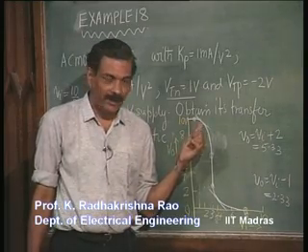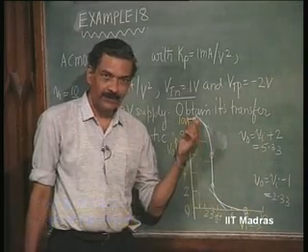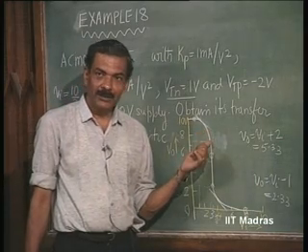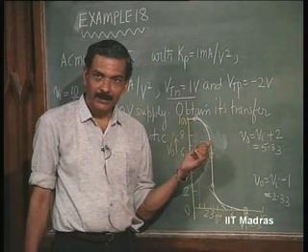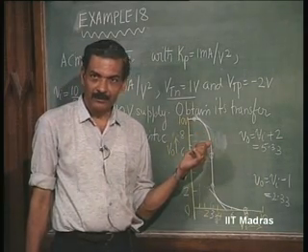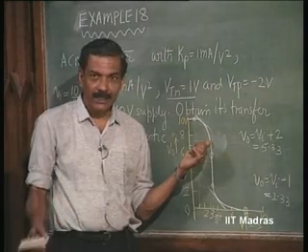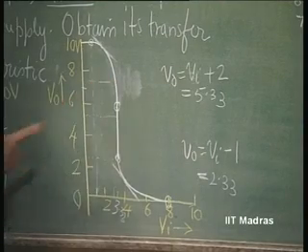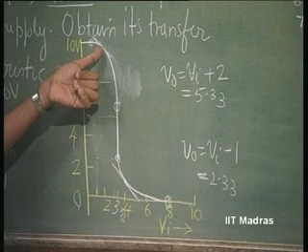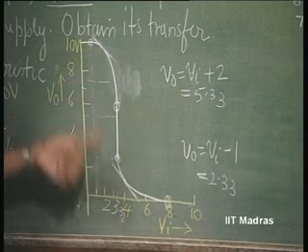This I am going to leave as an exercise for you. In this region, find dV naught by dVi from the expression for V naught versus Vi, then set it equal to -1 and find the point V naught and Vi at which this happens.